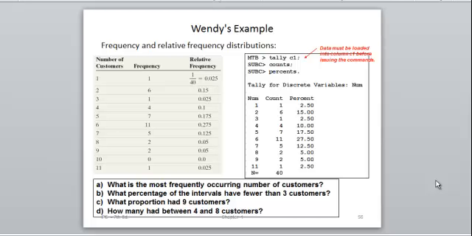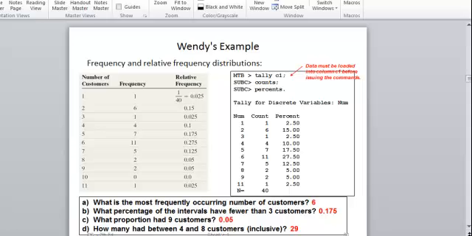Why would we do this? How should we staff that drive-through window? If you look at this, we probably want to staff it so that it could service between 4 and 7 people. So we can answer the question using the frequency and relative frequency distributions.